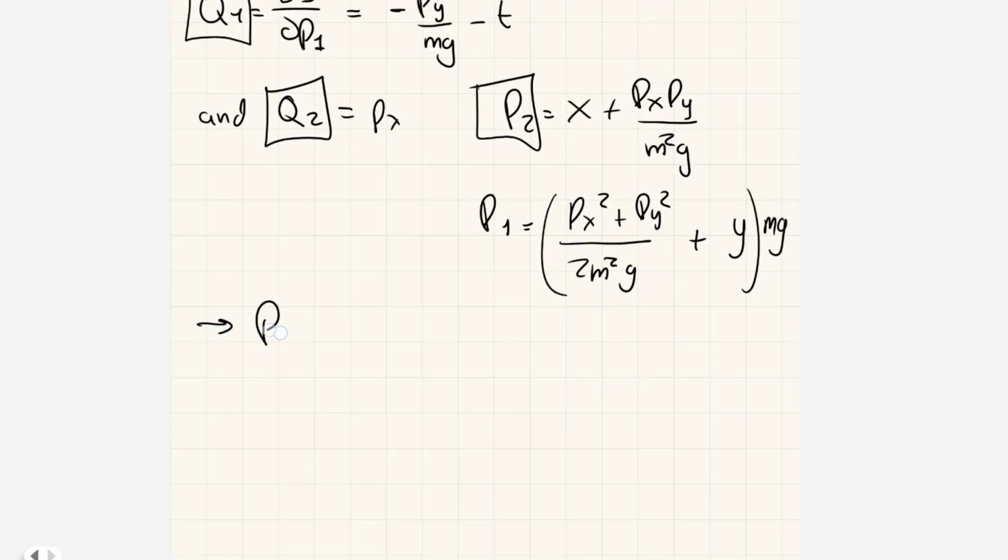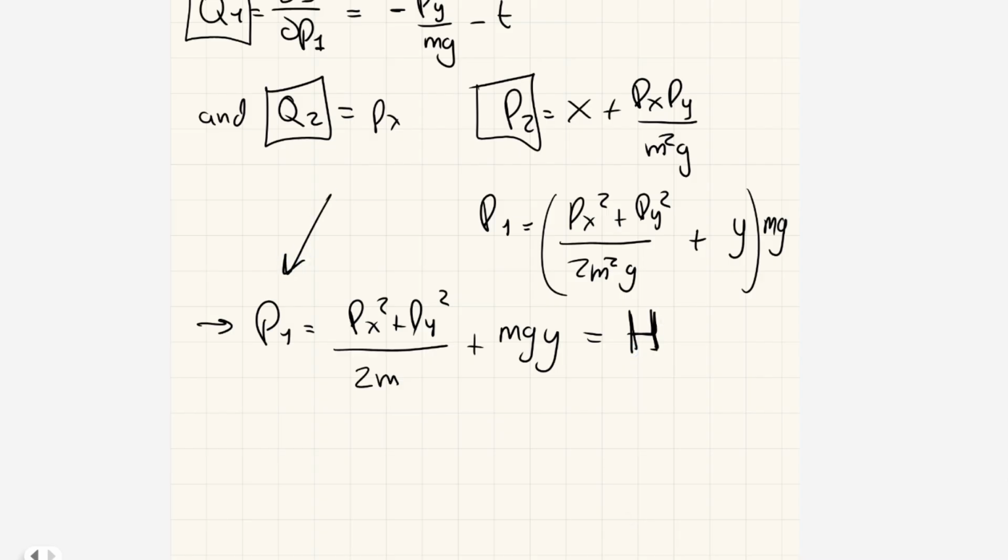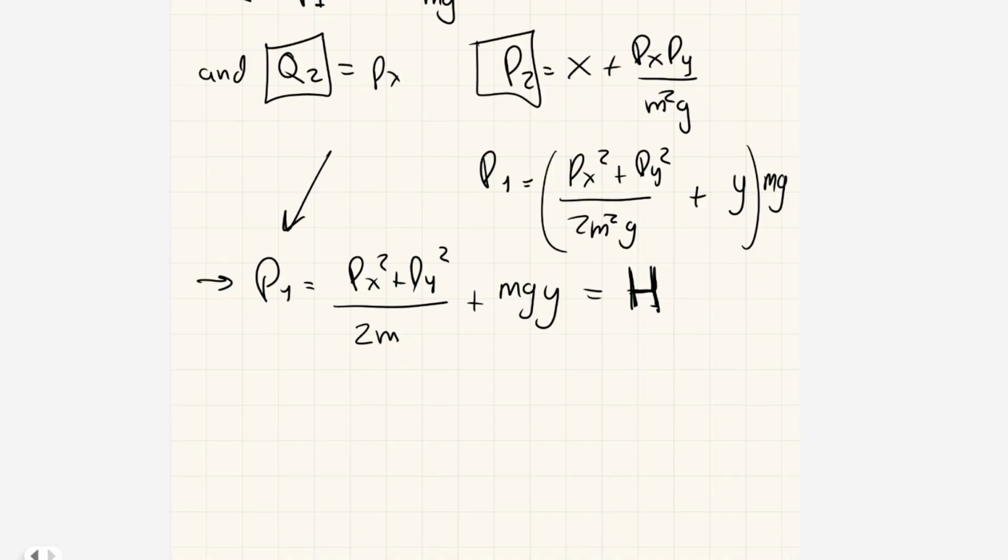So we get that p1 is equal to px squared plus py squared divided by 2m, plus mgy, which is identified as the Hamiltonian. As we have seen in other examples, when we find p1, it turns out to be equal to the Hamiltonian, but that is because in this example the Hamiltonian is equal to the total energy of the system, so that is a constant of motion.